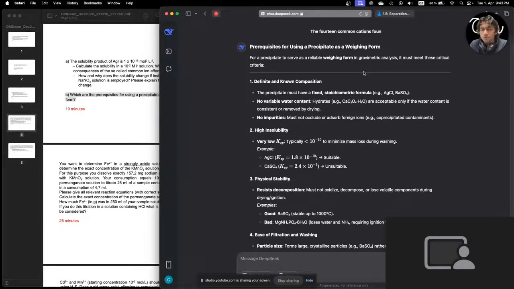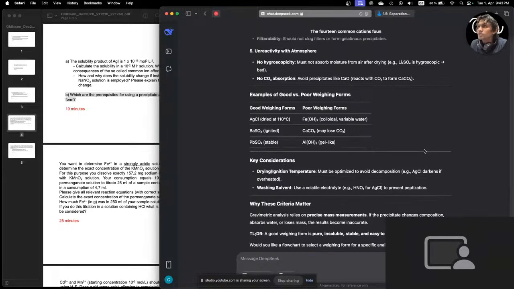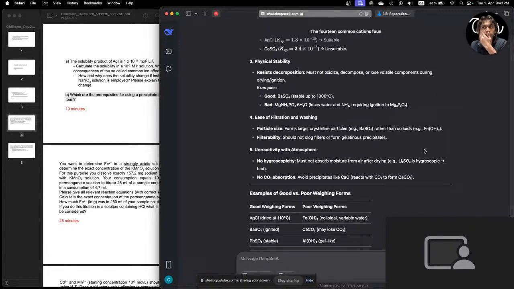It should not be prone to decomposition. Physical stability. It should be physically stable. Ease of filtration and washing. Particle size forms large crystalline particles rather than colloids. So barium sulfate is a really good example, a good precipitate to use as a weighing form.